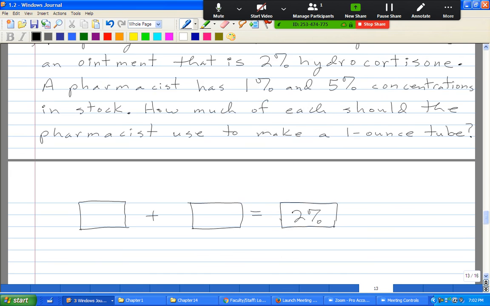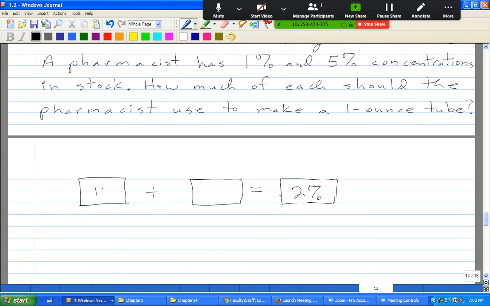The pharmacist has 1% and 5% hydrocortisone. How much of each should the pharmacist use to make a 1 ounce tube? Let's say x ounces of 1%, then, since they must add up to 1, this has to be 1 minus x ounces.